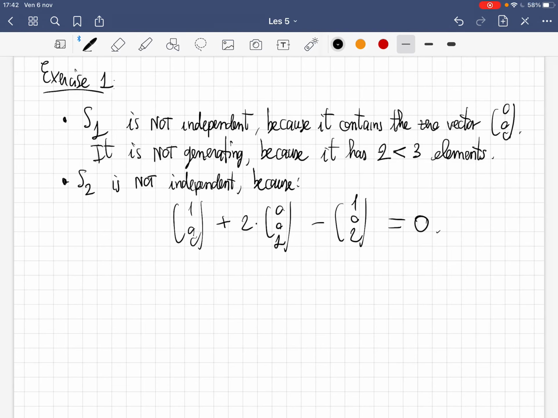And this is a non-trivial relation. But this is it. It is not generating.